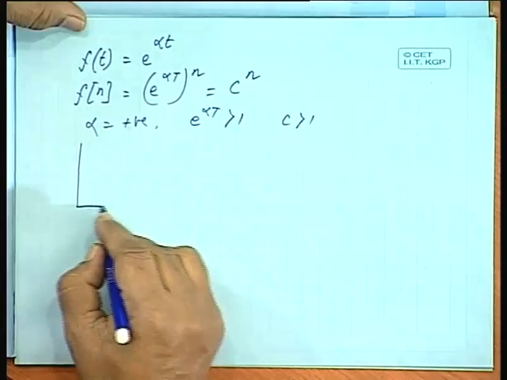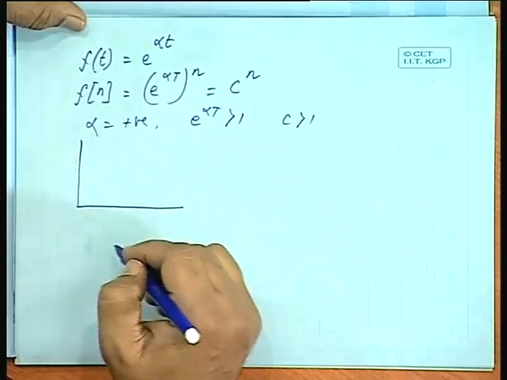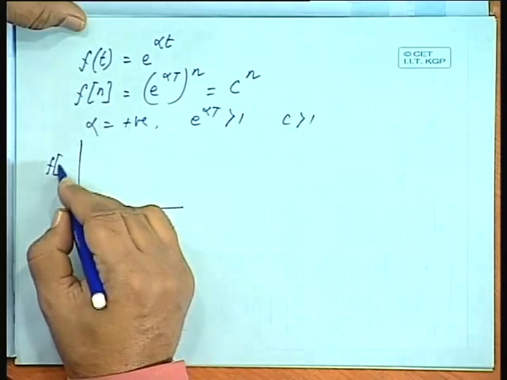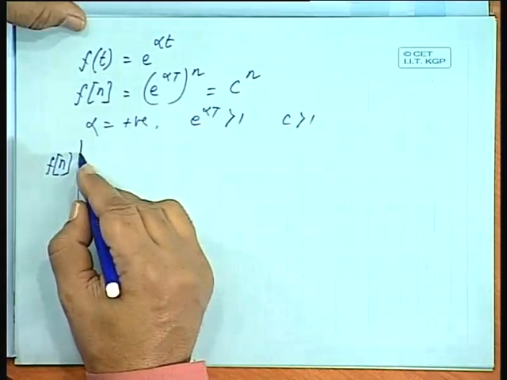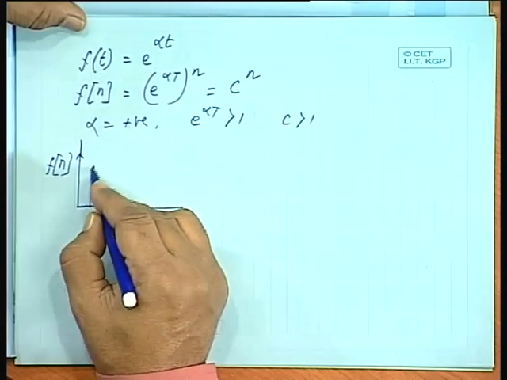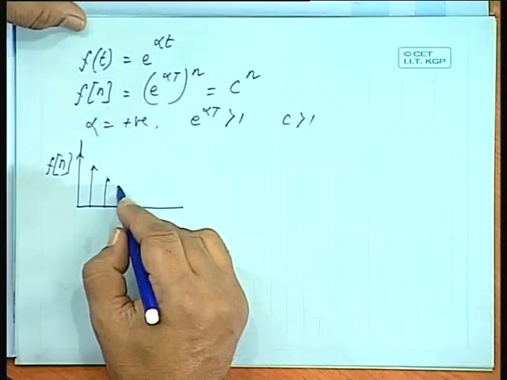So, the response, the function f[n], was something like this.